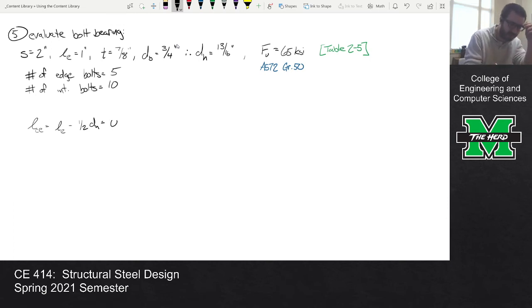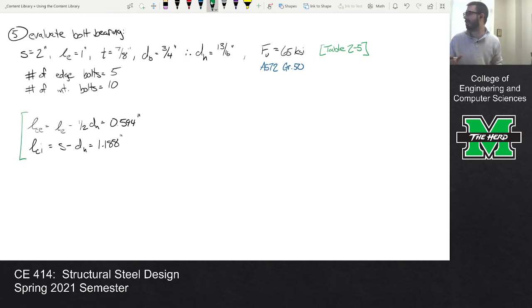So that's 0.594, right? LCI is S minus H, so 2 minus 13 over 16, which is 1.188.